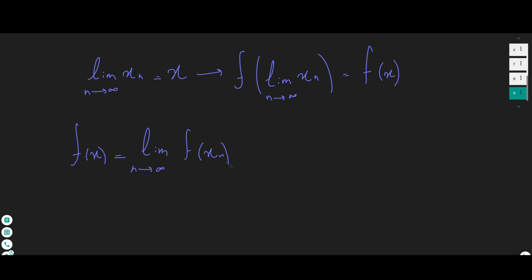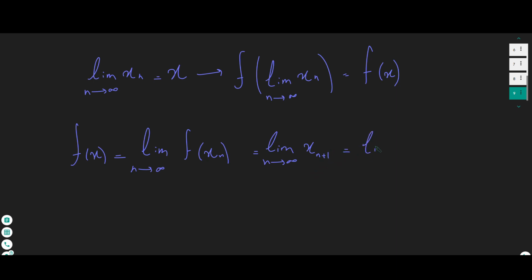Okay? And earlier, whenever we applied the function to a point in the sequence, we just increased the index by 1. So this is the same thing as the limit as n goes to infinity of x sub n plus 1. All right? But n is going to infinity, so this one doesn't really contribute. Infinity plus 1 is infinity.